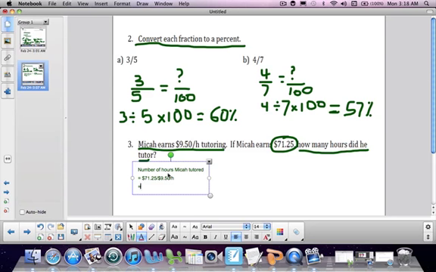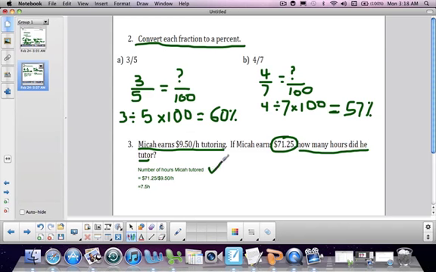We end up finding that the number is 7.5 hours. And so we've clearly stated the purpose of the question, finding the number of hours he worked.